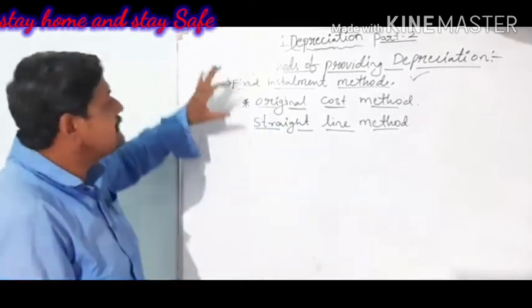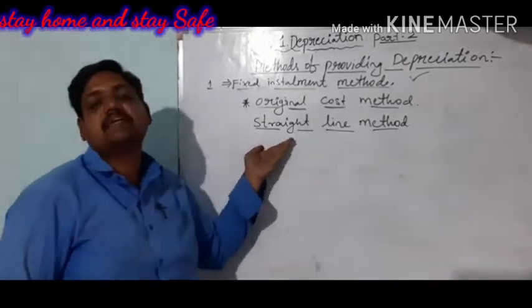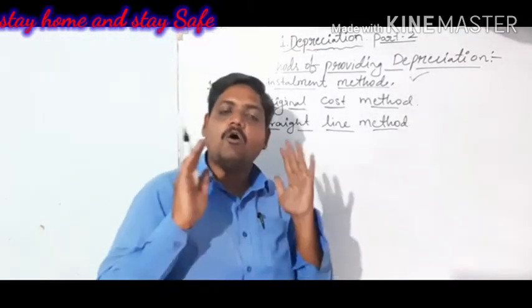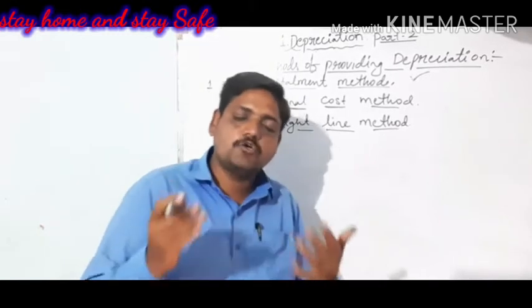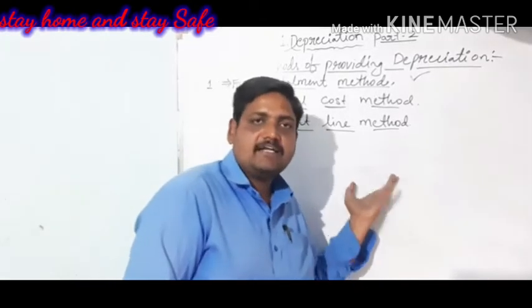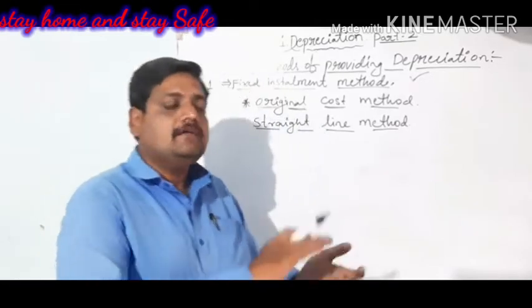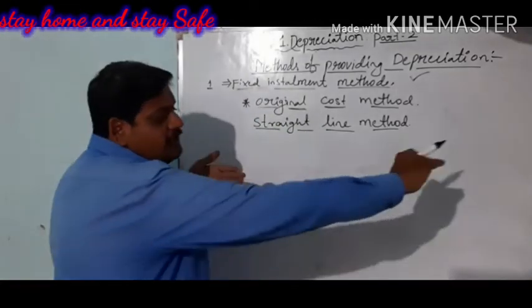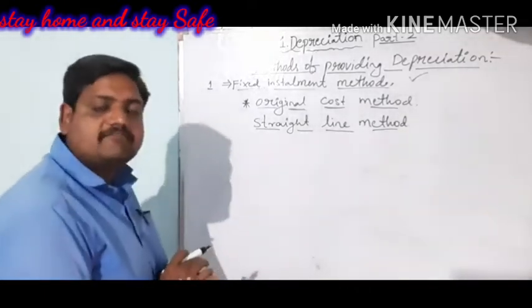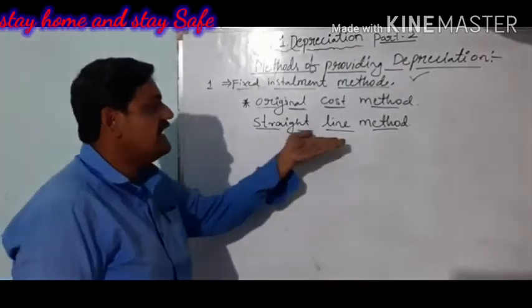And if we plot 2-3 years of depreciation in a chart, the line goes straight. So it is called the straight line method.